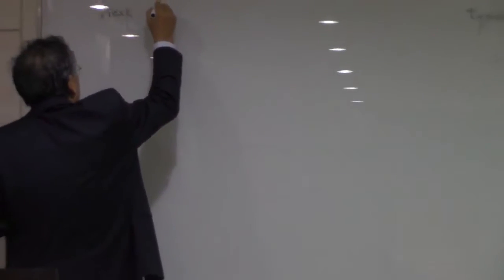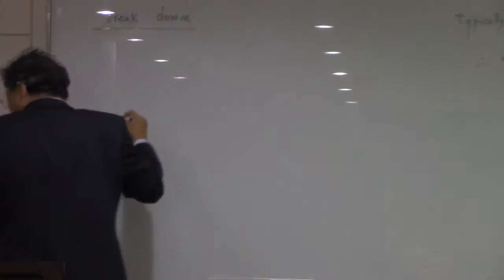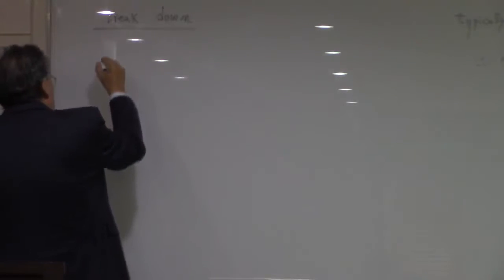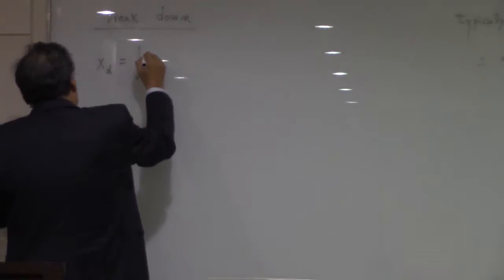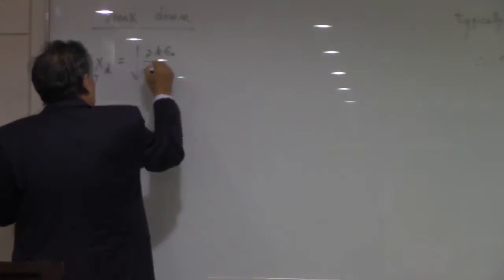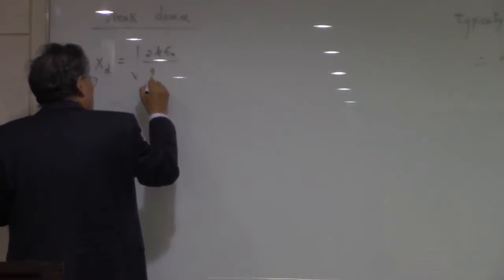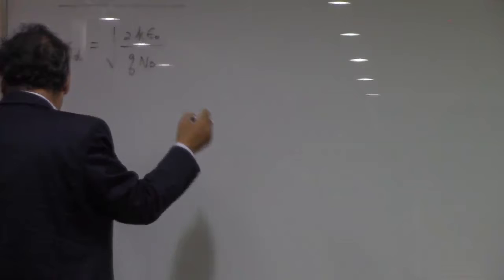Okay? And the next topic that we missed the last time maybe is the breakdown phenomenon. Now, XD can be expressed with Q, N_D in the metal semiconductor junction.